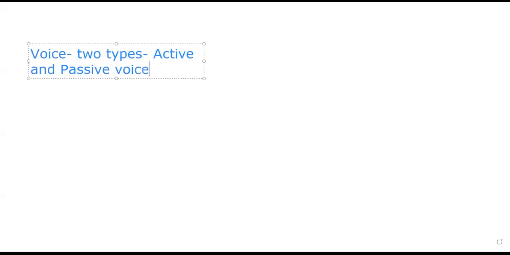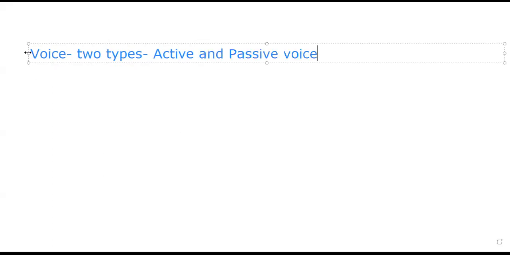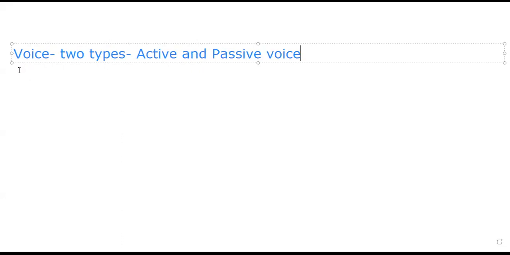Voice means two types: active and passive voice. Correct? Now, what is an active voice and what is a passive voice? That we need to understand. Okay.